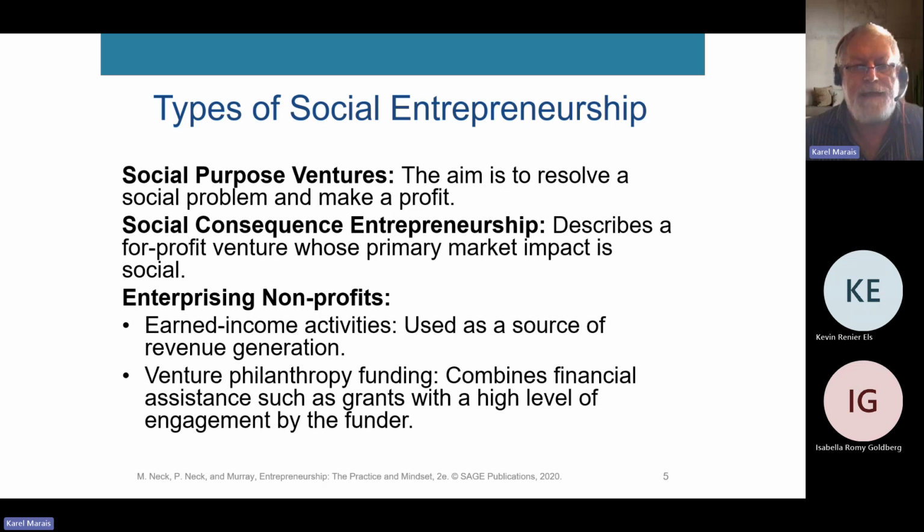There's another way through this, and that is venture philanthropic funding. This is where venture capitalists will take some form of a grant or a loan, they will give money in one way or another. Sometimes it's a loan, sometimes it's a grant, sometimes it needs to be paid back, sometimes not.